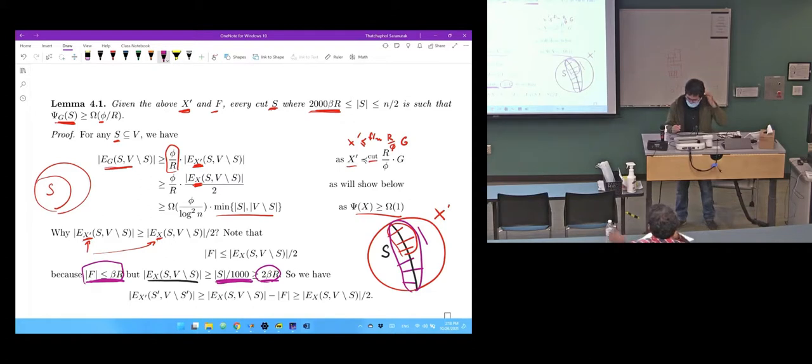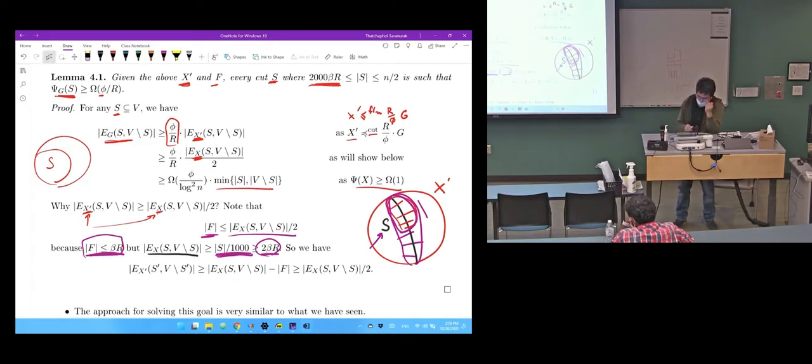So I say that if you look at this cut S, more than half of the edges must be real edges. So F is smaller than half of the cut size.